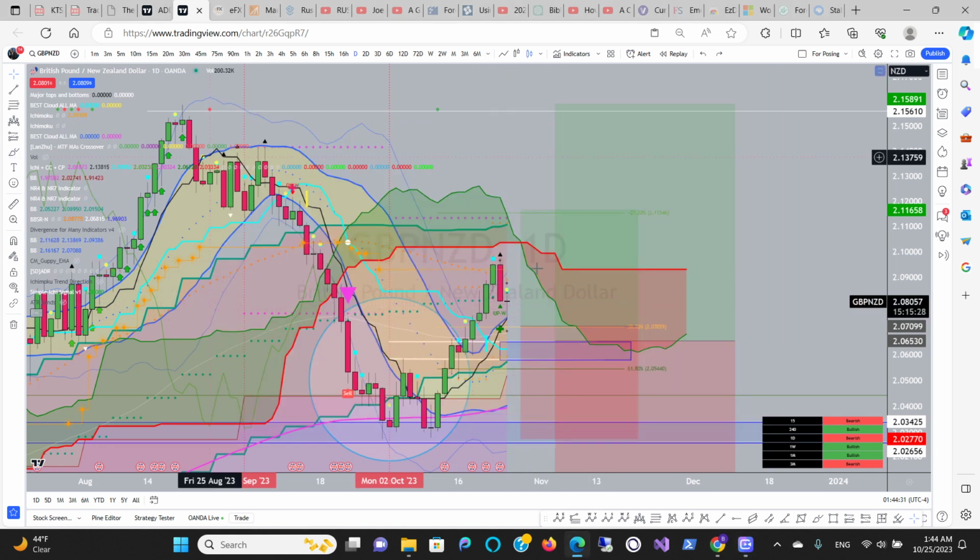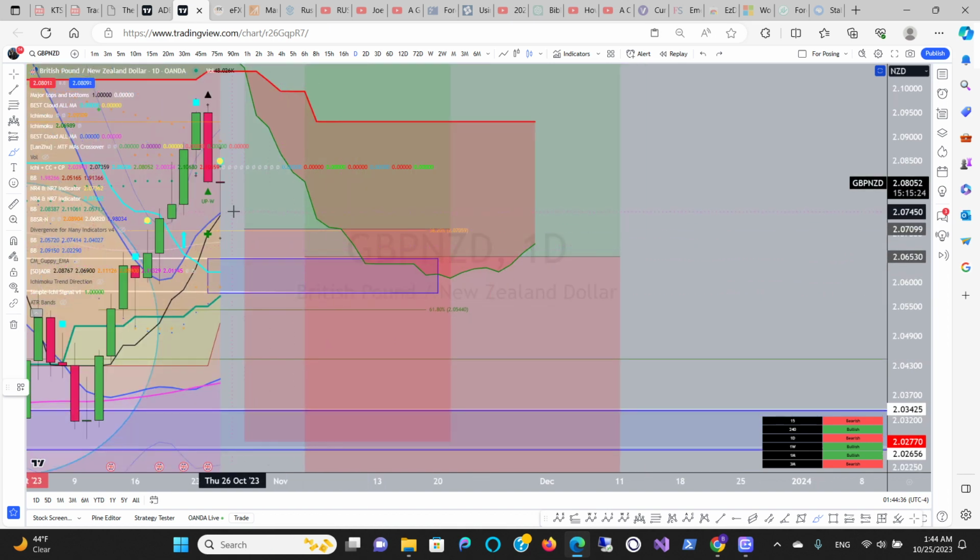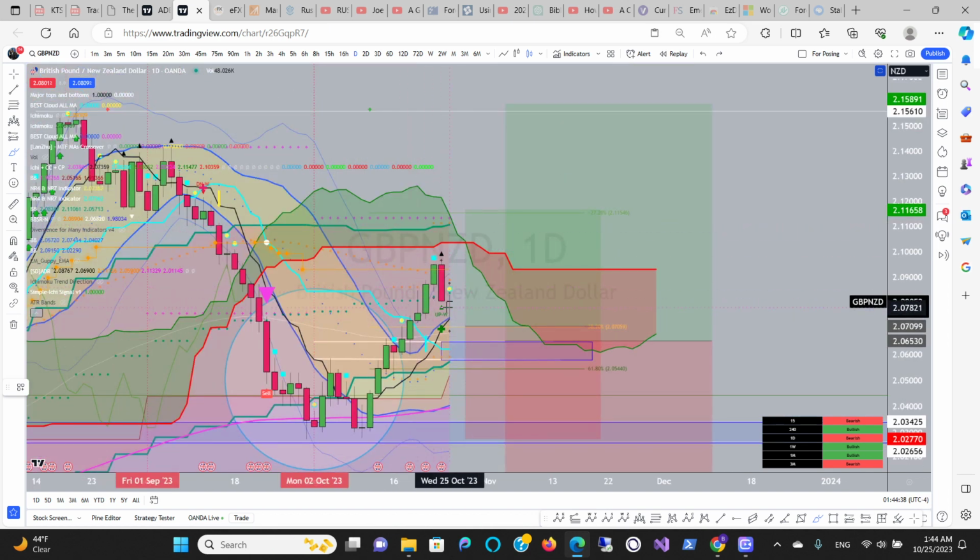And most importantly, we need price to come to some level here, a fib level, support level, anywhere. This level here, and we want to see rejection, especially what I'm looking for is if it rejects this level here, the Kijun. That's really important for me: for the price to come down and reject off the Kijun.